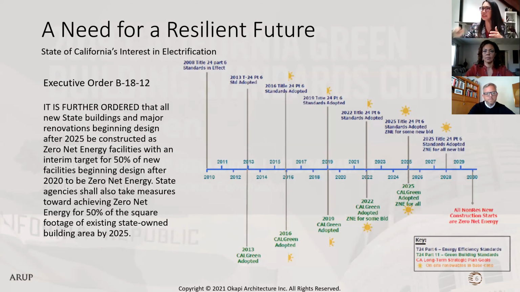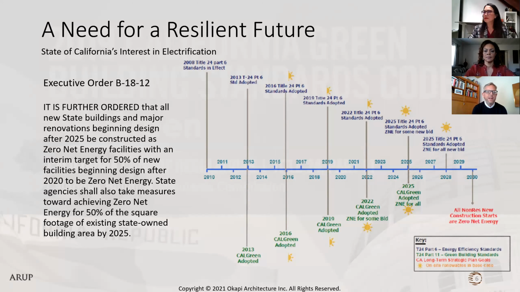So here is time for Russell from Arup. Thanks, Ying. Hi, everyone. I'm Russell, and I was just going to talk a little bit about the broader context in the state of California. I do a lot of work with the state directly, and so we've actually seen on recent projects an interest in building electrification.